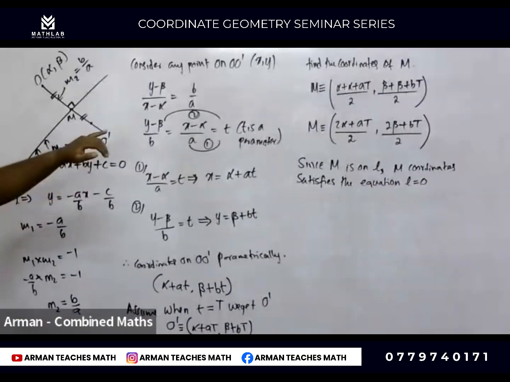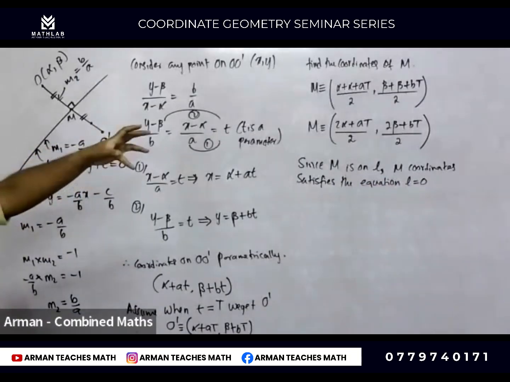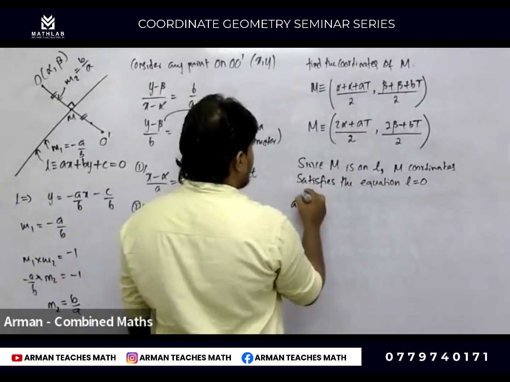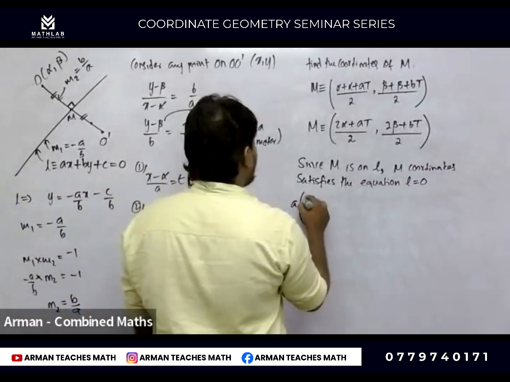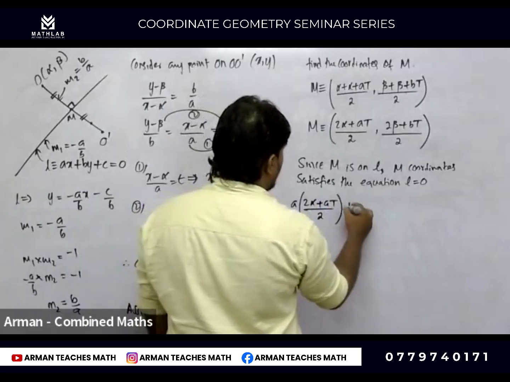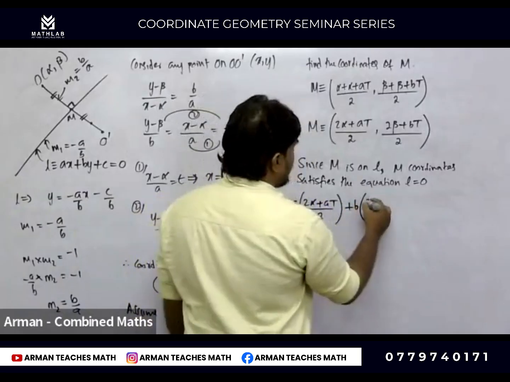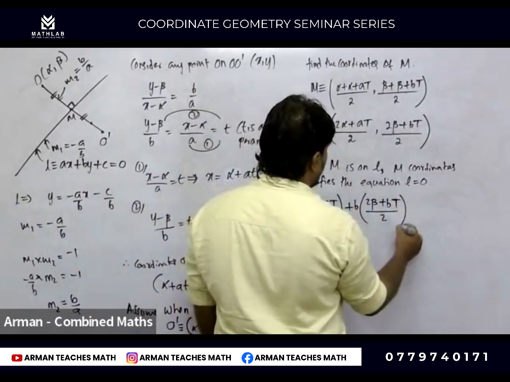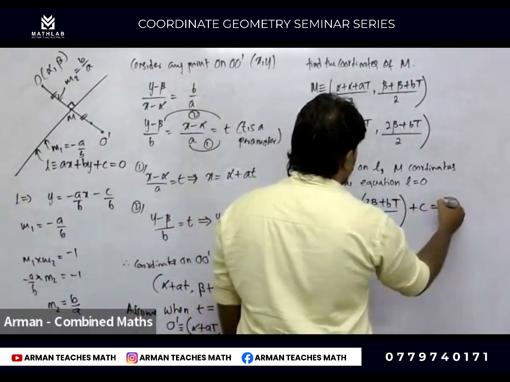In the place of x I can substitute the x coordinate, and in the place of y the y coordinate. So we get A times 2 alpha plus A capital T divided by 2, plus B times 2 beta plus B capital T divided by 2, plus C equals 0.